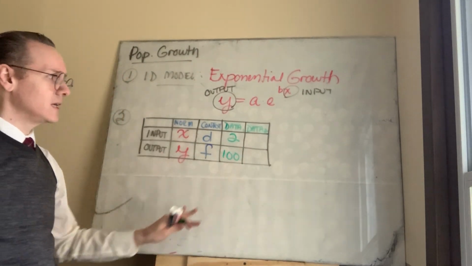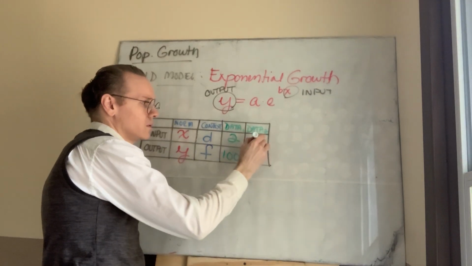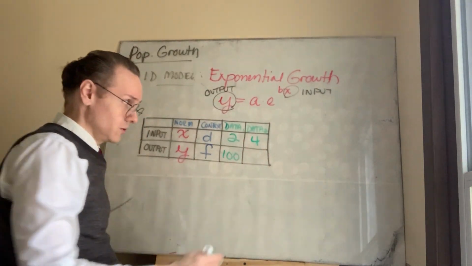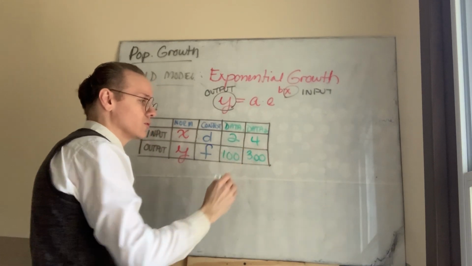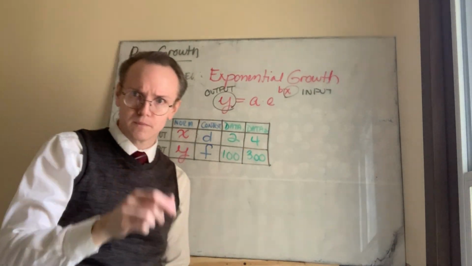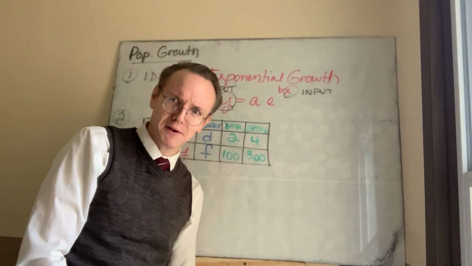Then the second day is 4, and it went up drastically to 300 flies. Fruit flies, little red flies. They like bananas, I know, because they're always eating mine.